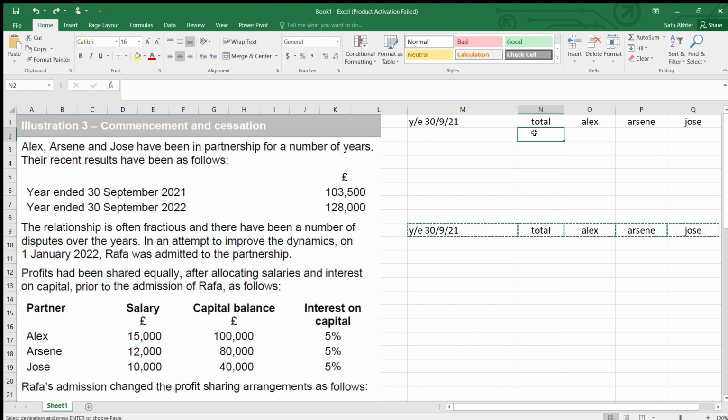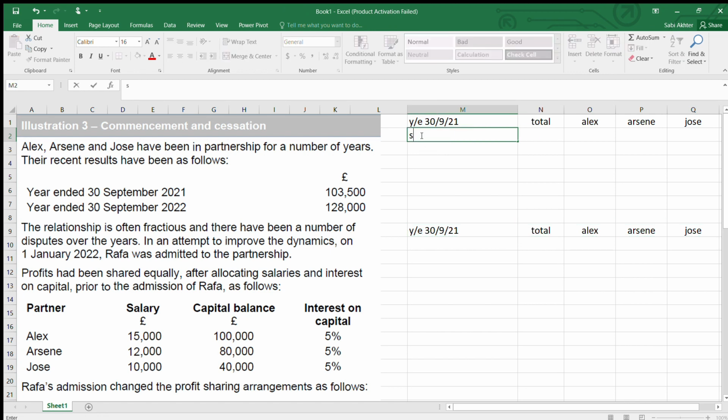Then first is salary. Then we have interest on capital, which is 5%. Then we have profit sharing ratio, PSR. Total.